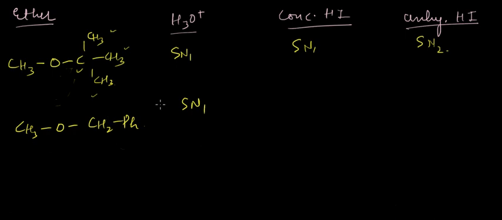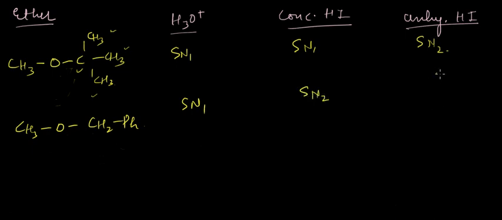Because of that reason, I minus will directly attack on CH2 to break the bond between O and C, thereby also forming a bond between I and C in the intermediary SN2 step. Okay, so formation of carbocation is not that much preferred. If there is an option that the formation of carbocation can be avoided, then it would be avoided, and the SN2 reaction will take place here.